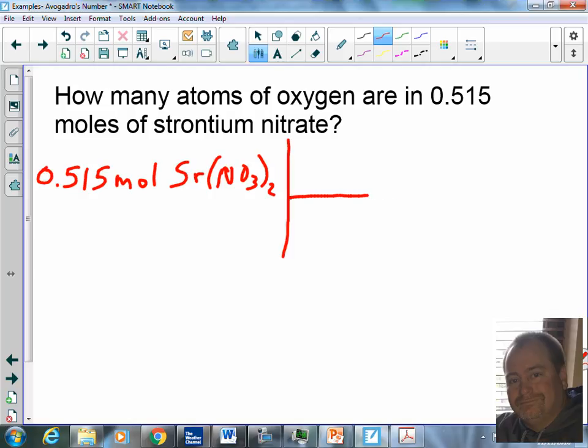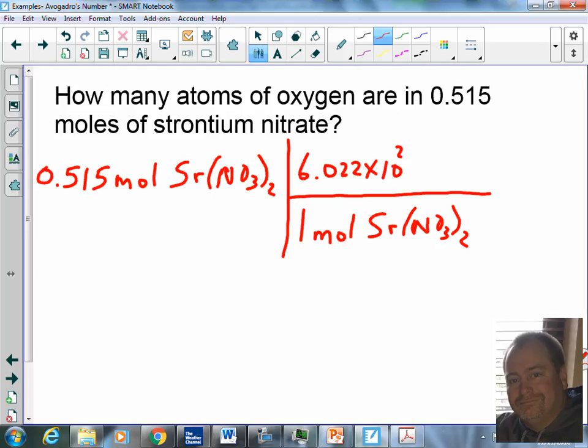Set up my conversion box. I know that 1 mole of strontium nitrate has Avogadro's number formula units of strontium nitrate.